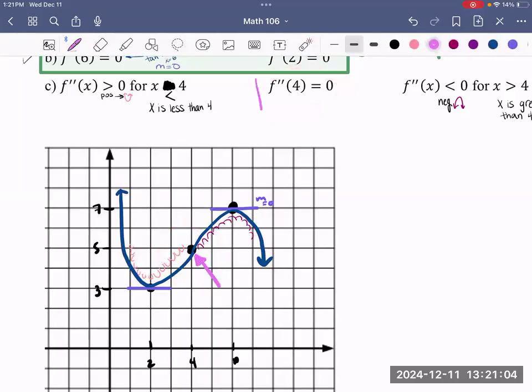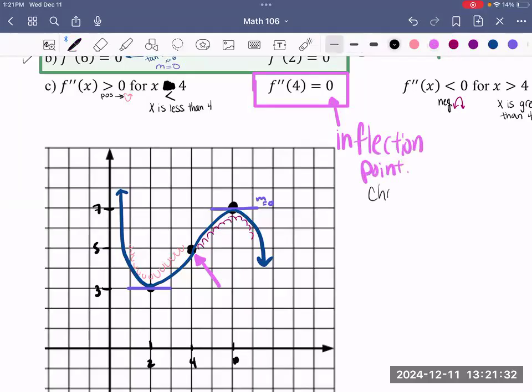Well, this is called your inflection point, because your inflection point is the change in your concavity. This is your inflection point. An inflection point is where we have a change in concavity.